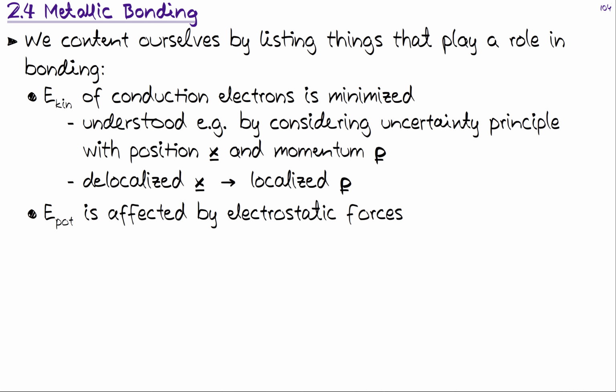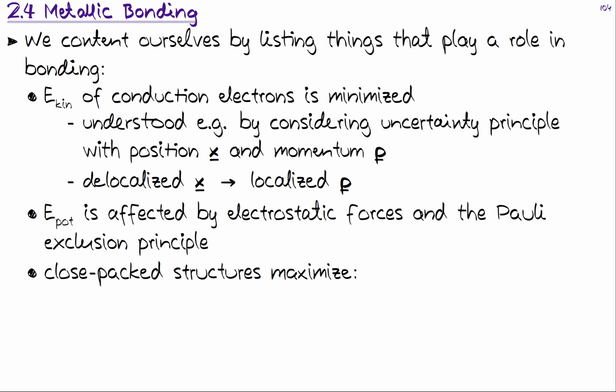Another consideration is the potential energy, which is of course affected by the electrostatic forces. We have an equilibrium position, electrostatic forces play a role, and the Pauli exclusion principle is another major contribution here. What we know from experiments is that metallic bonding is favorable in close packed structures.